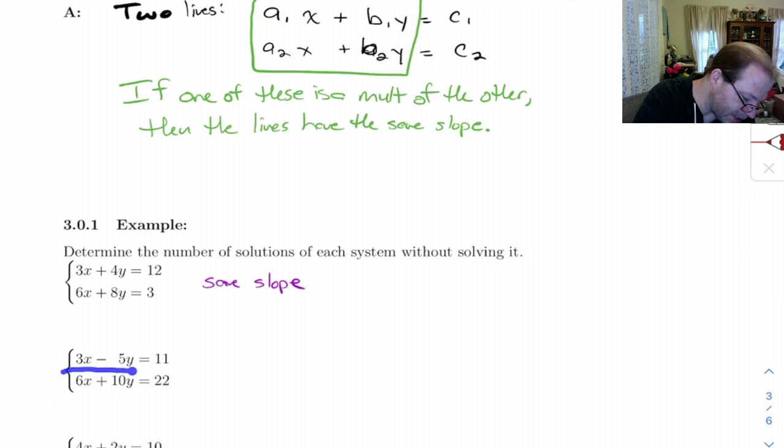Can we multiply that by something and get 6x plus 10y? The answer is no. If you wanted to go from 3 to 6, that says you have to multiply by 2. But if you multiply negative 5 by 2, you get negative 10. So these things don't have the same slope. I think they have opposite slopes. But anyway, they don't have the same slope.